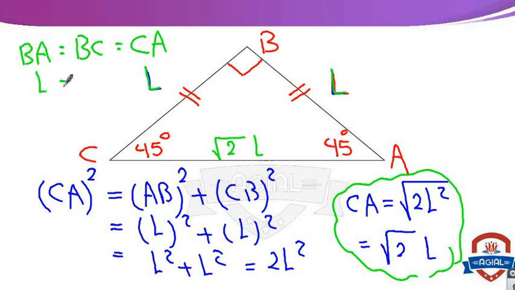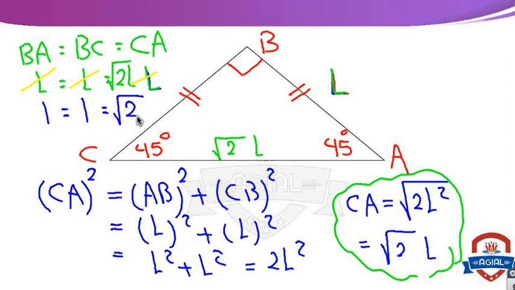L to L to square root of 2L. Cancel L with L, equals the ratio between the three side lengths in this triangle: 1 to 1 to square root of 2.